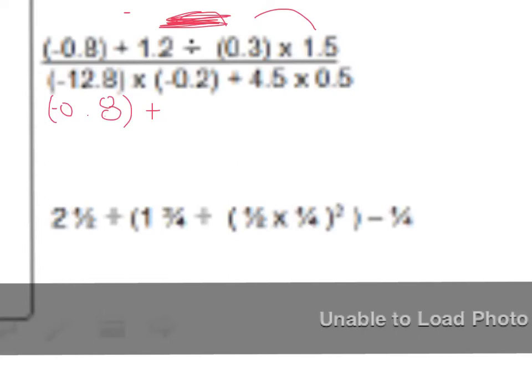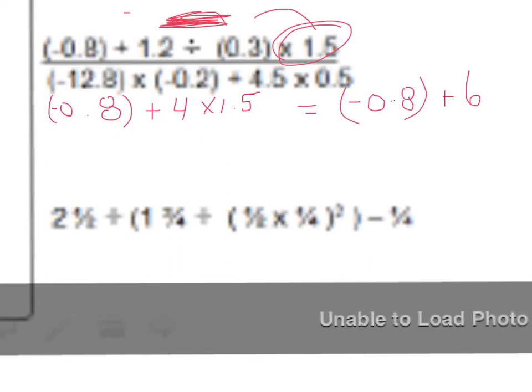Now it seems a little weird that when I'm dividing a number I get bigger, but when I'm dividing by something less than 1, the number actually does get bigger. So this is 4 multiplied by 1.5. That's next. 4 times 1.5 equals 6. So on the top so far, I'm left with negative 0.8 plus 6.